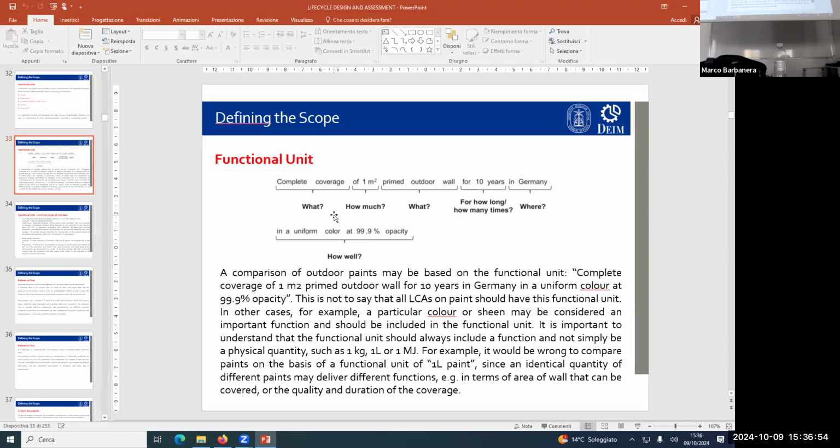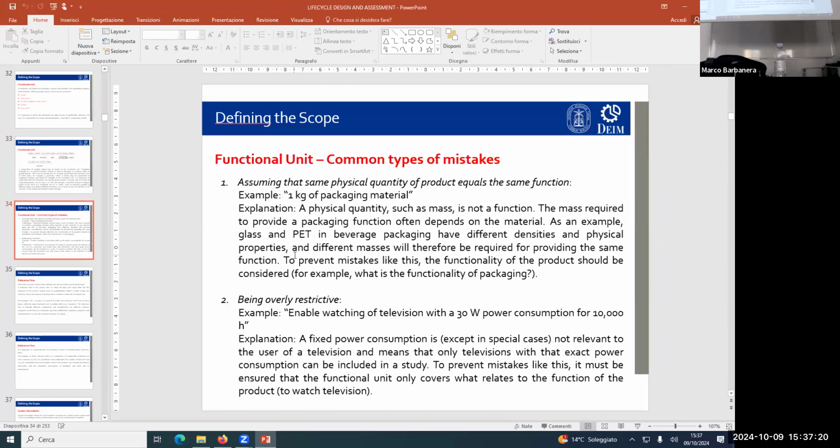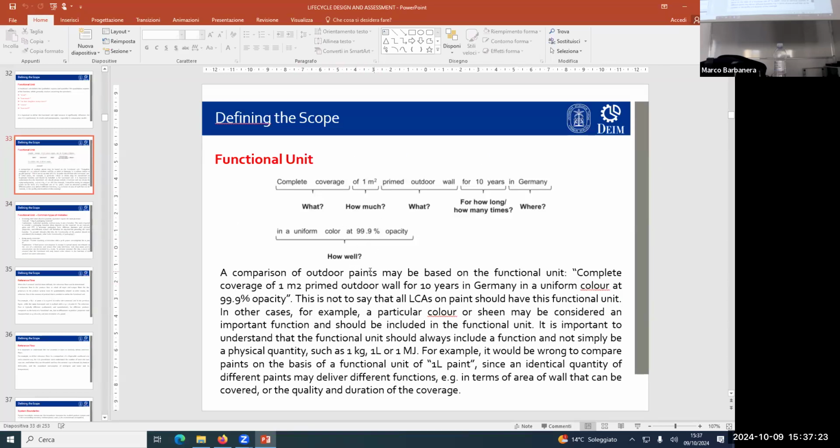We considered as the functional unit the complete coverage of 1 square meter of outdoor wall for 10 years in Germany in a uniform color at 99.9% opacity. Then we have to calculate the reference flow, the amount of outdoor paint necessary to obtain this complete coverage.